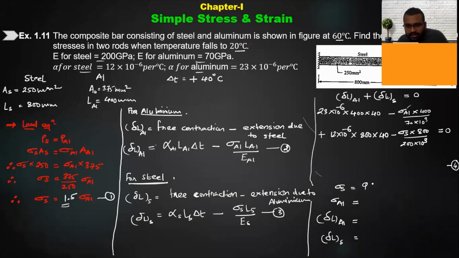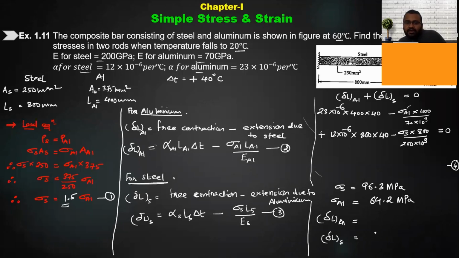So I'm getting sigma S as 96.3 MPa, and aluminium as how much? 64.2 MPa. Very good. These are the most repeated answers I'm getting in the chat box, so assuming these are true, we'll keep these.